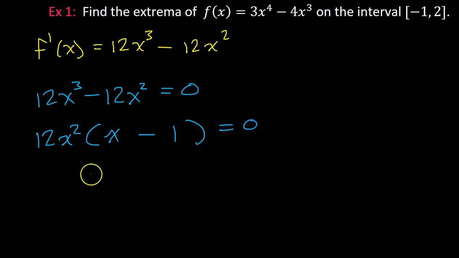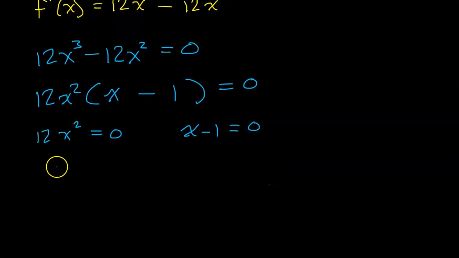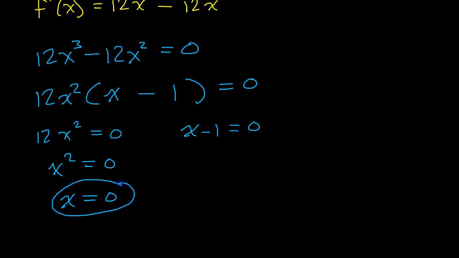Now, by the zero product property, that tells us that we can get a solution by setting the 12x squared equal to 0, and we can get a solution by setting x minus 1 equal to 0. So of course this will mean that x squared is equal to 0, which means that x equals 0. So this is a critical value. Of course, adding 1 to both sides gives us x equals 1. So here we have two critical values.